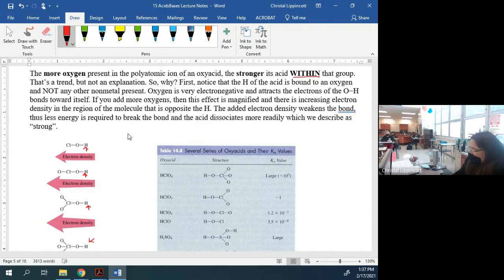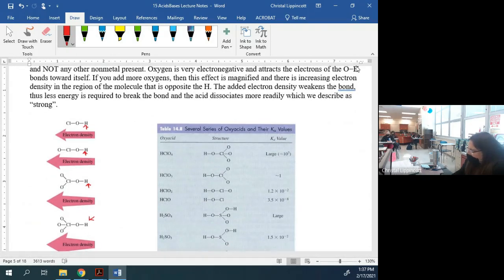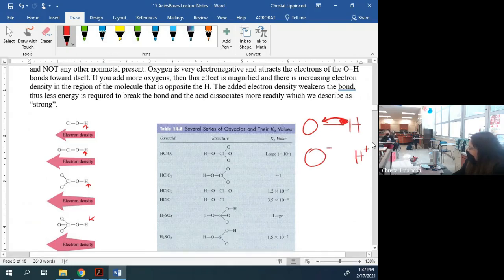So when that oxygen and that hydrogen are near each other, oxygen is going to take that one little electron that hydrogen has and pull it over here. That leaves oxygen with an extra electron, and poor little hydrogen is going to have a plus charge.